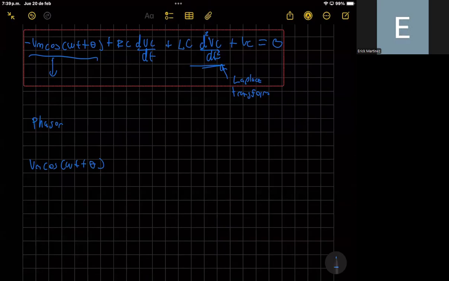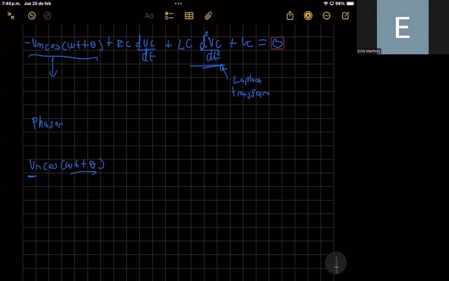Now I will take the amplitude and the argument of this sinusoid, and I will plug these values into the expression of Euler's identity. So we have here Vm times e elevated to the j times omega times t plus theta.